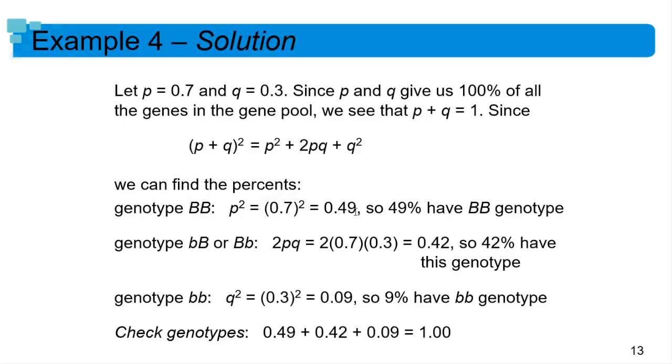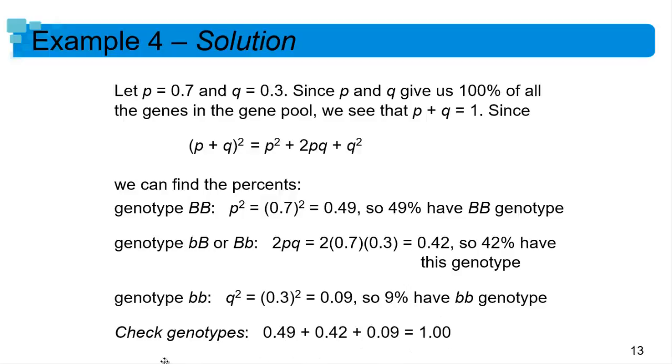P squared is 0.49, so 49% have the double big A. The big A little a and little a big A parts, if you add them together, are 2 times the product, 2 times P and Q. That gives you 42%. And then the little a little a is Q squared, which ends up being 9%. If you add those all together, that gives you 100%, right? 49, 42, 9, 100.